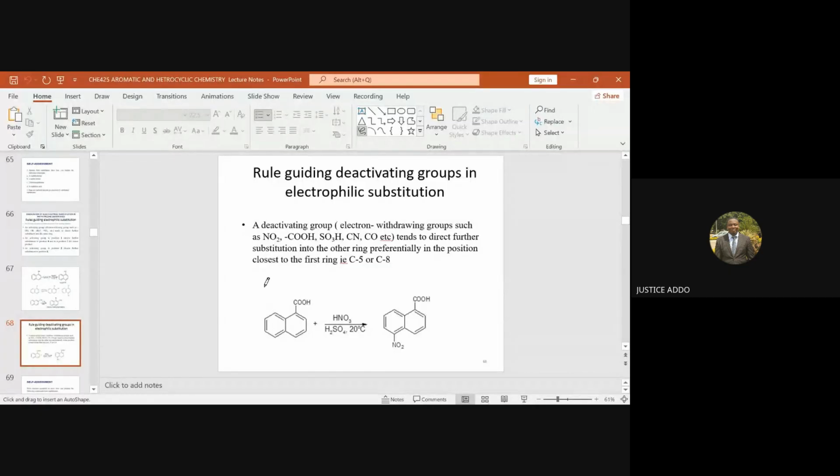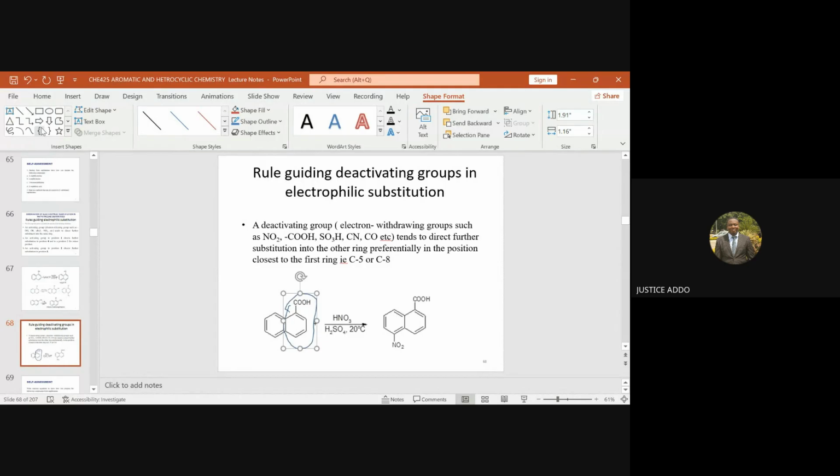And it is preferably position 5 or 8. If you look at position 5 or 8, it is this carbon here and then this carbon here. They are the ones which are closest to the first ring. If you consider this as your first ring, which carbons are closer to it?